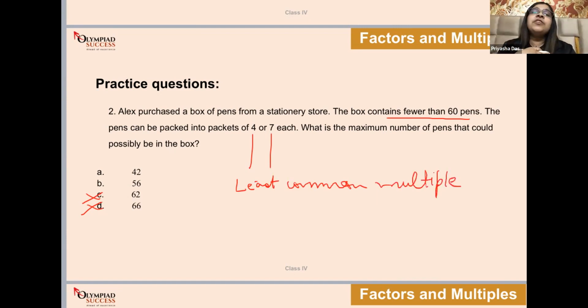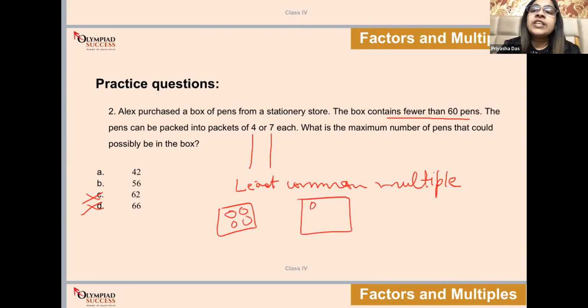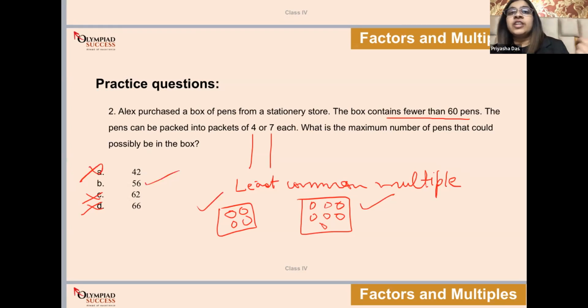Because the number which we want should be in the packs of 4 also and should be in the packs of 7 also. So any number which falls in the table of 4 also and 7 also will of course be option B, 56. Correct? So that's my answer. That's how you will convert the words into numbers.